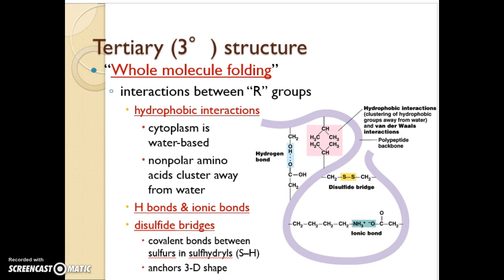So the disulfide bridges are very strong covalent bonds, and they are critical to the ability of a protein to hold together because they are the strongest. All the other types of bonds we've been describing are very weak, but cumulatively they do form the important structure of a protein. But these disulfide bridges become very critical since they are so very strong.